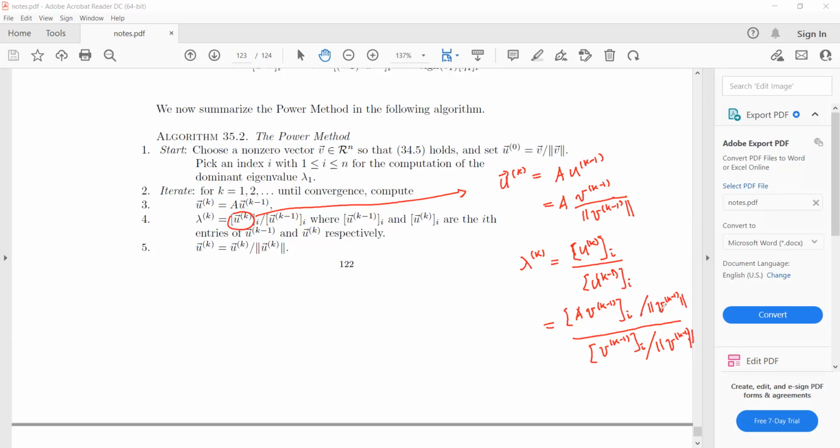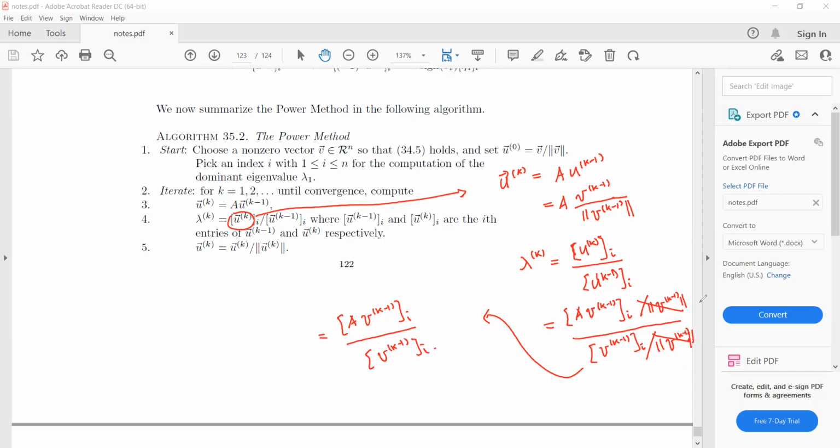So the norm of V K minus 1 cancels. So this is equal to A V K minus 1, the ith entry over V K minus 1, the ith entry.